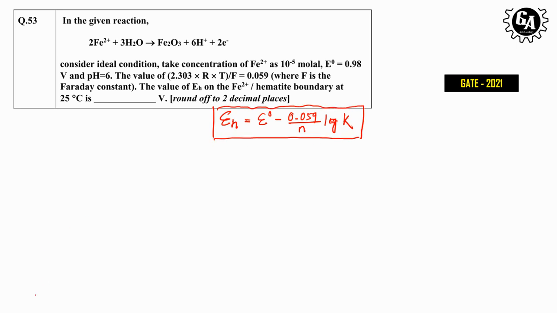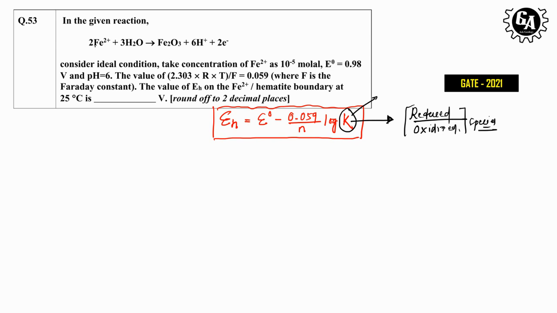There are some other things I want to tell you because these are important. This K is the distribution coefficient, and always this K is expressed as reduced species divided by oxidized species.